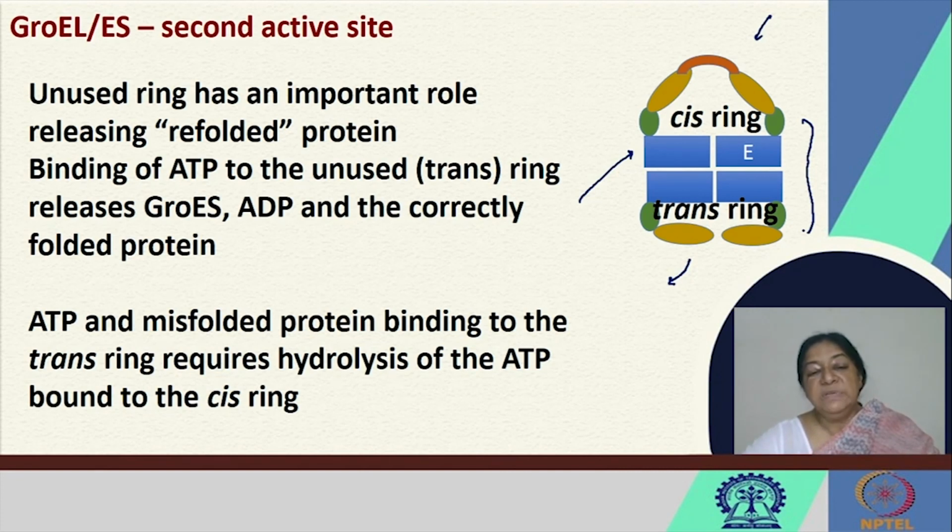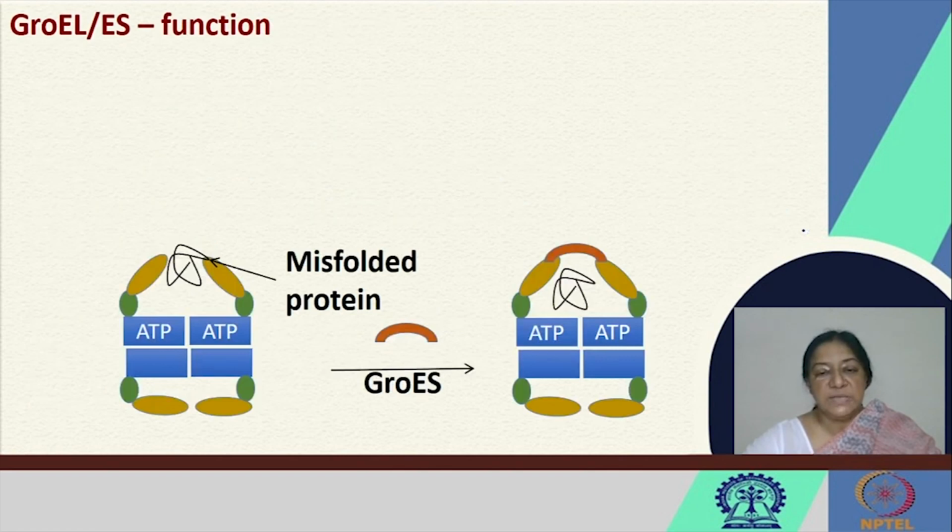And the hydrophilic environment created due to this ATP hydrolysis is conducive for the misfolded protein to refold and form its correctly folded protein and to be released from the GroEL-GroES complex.